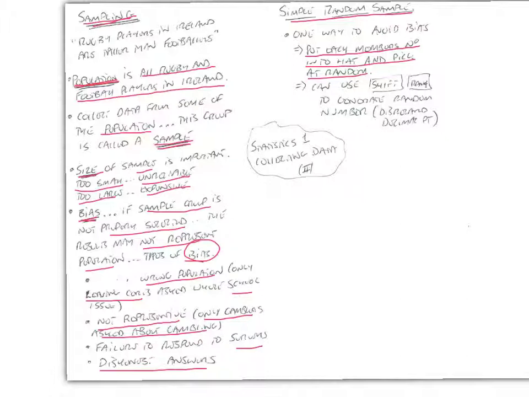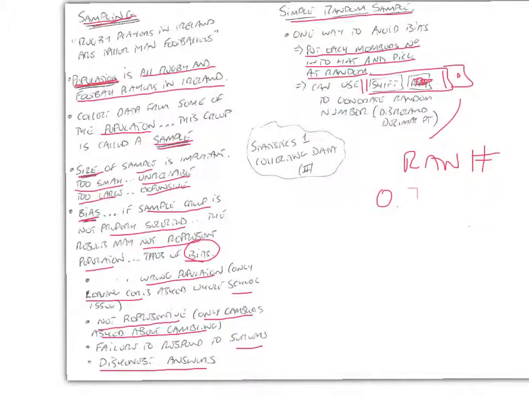And often on your calculator there's a random number generator. If you click shift and the decimal point, that generates the RAN# function, which will give you a random number.